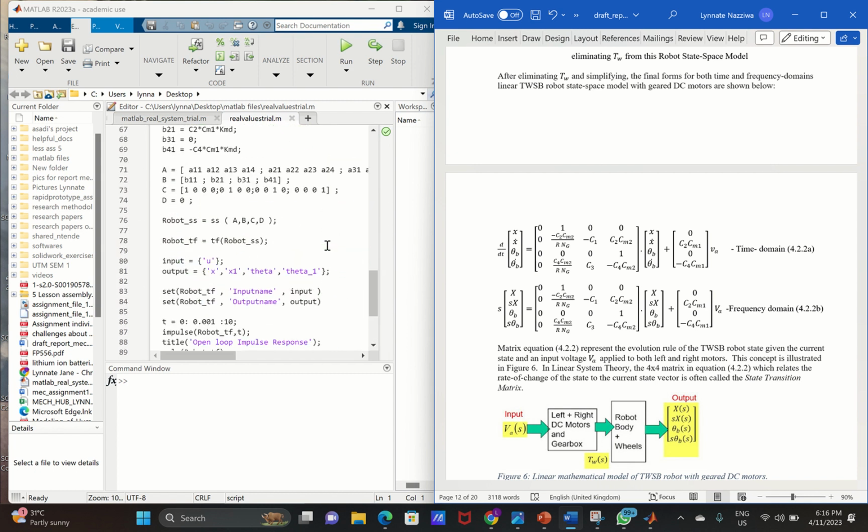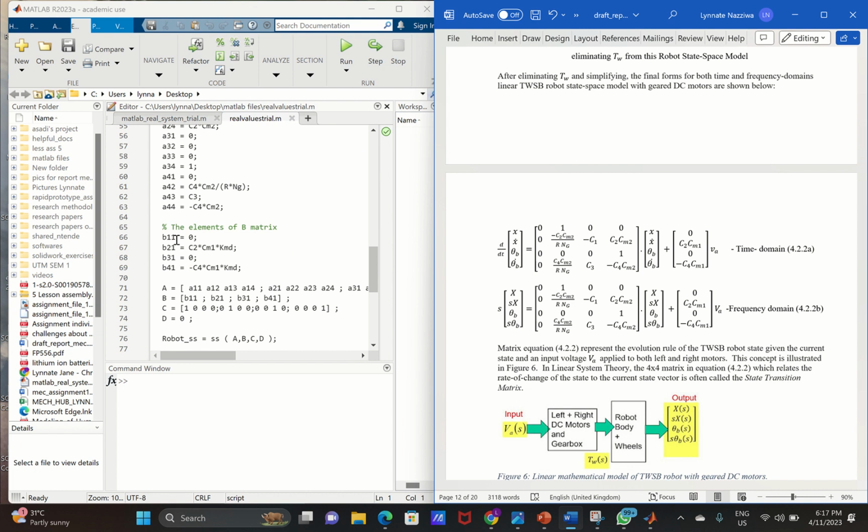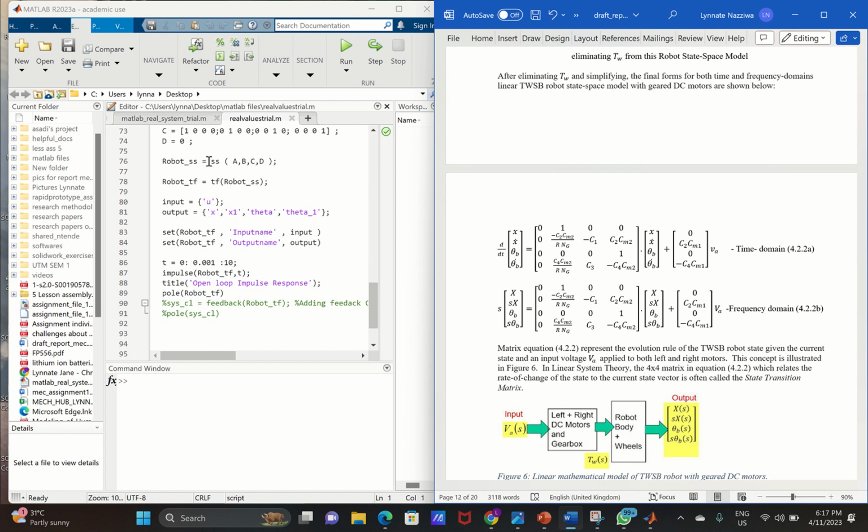Before we run this code, we write out these matrices into their particular formats, and we come up with matrices A, B, C, and D. We then write our state space matrix, which is right here, and finally change it into a transfer function, as you can see here.